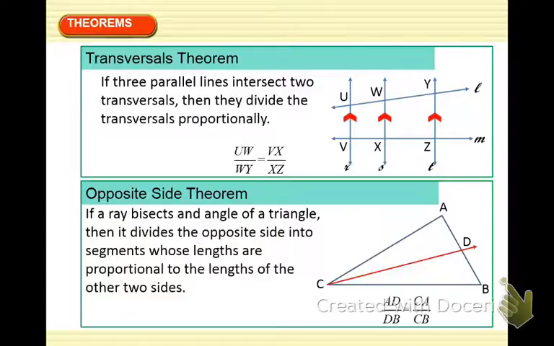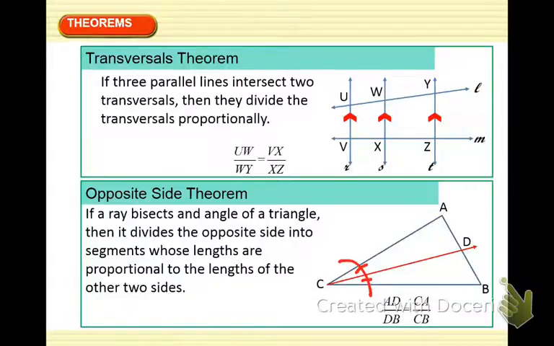The proportion for this would be, so if this is the angle bisector, let's make sure we know that. Let's get this drawn. That's the angle bisector. It bisects this angle. If that's the case, then we can say AD is to DB, this side is to this side, AD is to DB as AC is to CB.